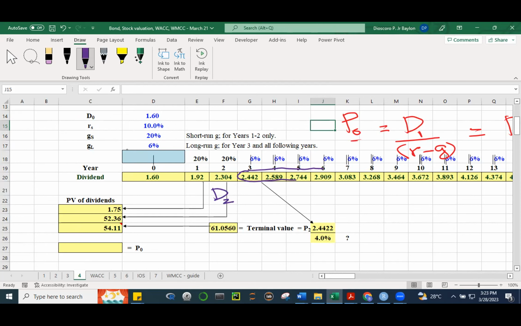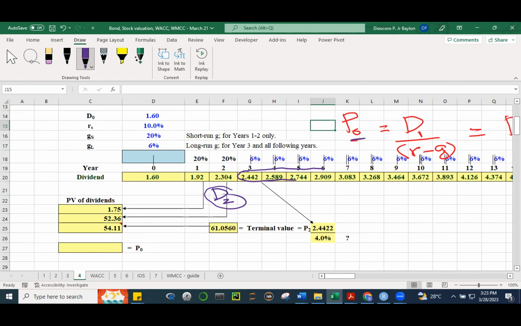D2. So all of these dividends at year 3, year 4, year 5, those that experience the constant growth rate model, we can compute on year 2, and replace all of this stream of future dividends with just one value, this D2. So let me repeat that.